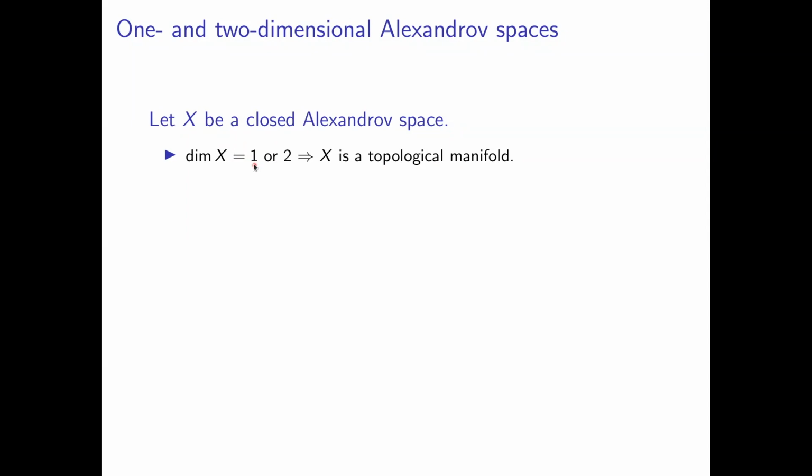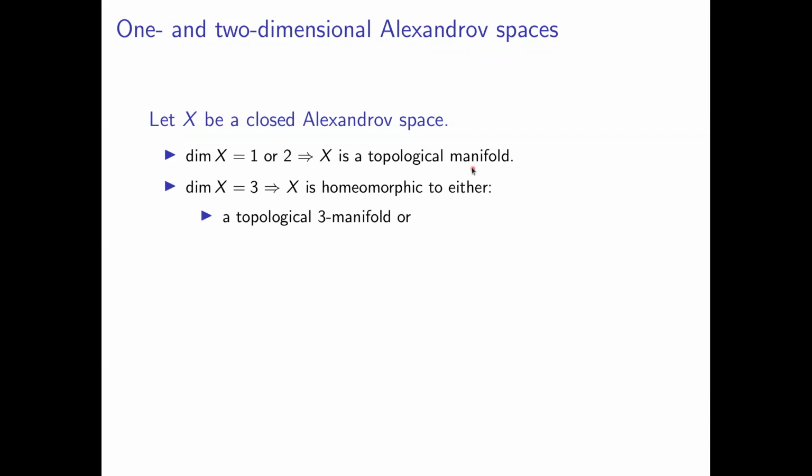A point is in the boundary if its space of directions has boundary. But in dimensions 1 and 2, there's not much to say about the topology; these are topological manifolds.